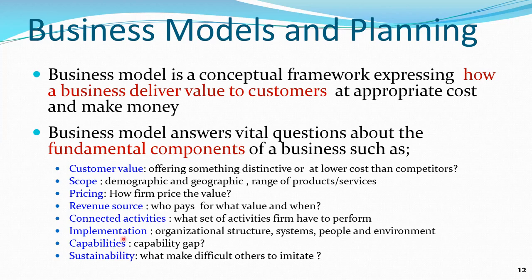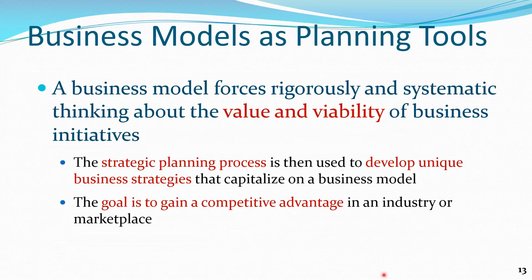So once you think of a business model as a planning tool, it is another strategy an organization can use in planning, because all this planning is important once you are thinking of the way you can use technology in your organization. With all these tools, the business model forces rigorous and systematic thinking about the value and viability of business initiatives.